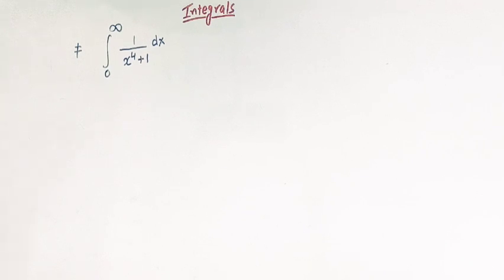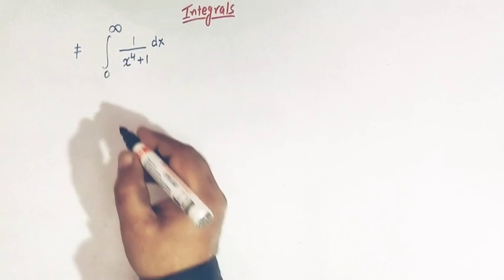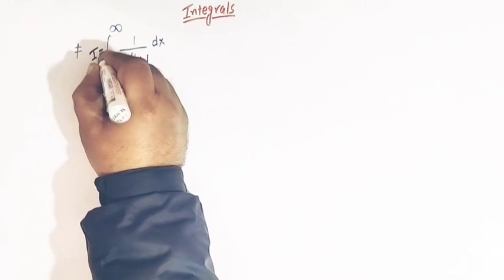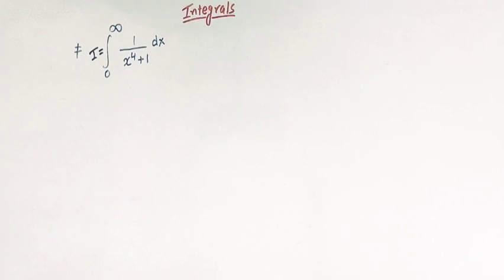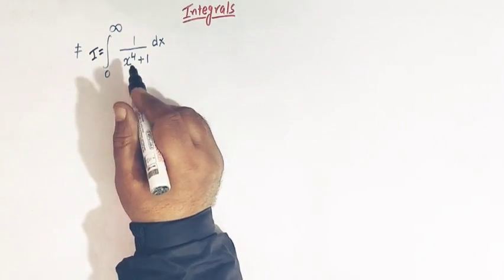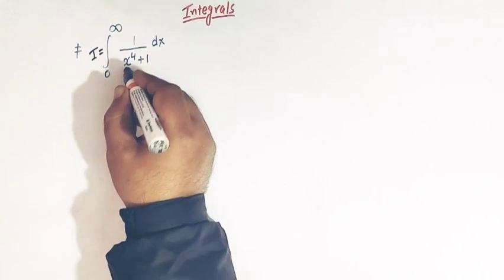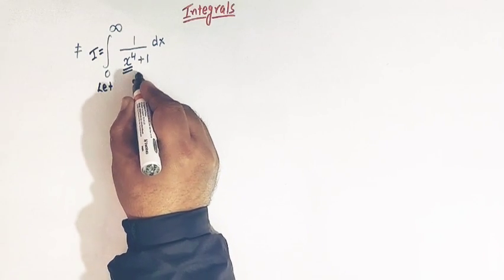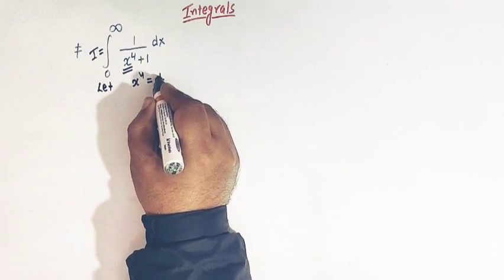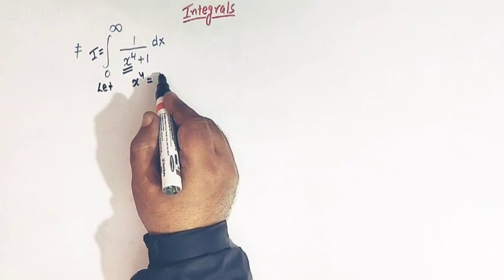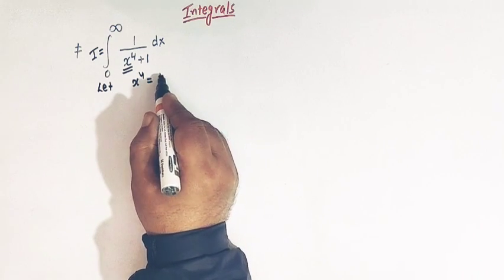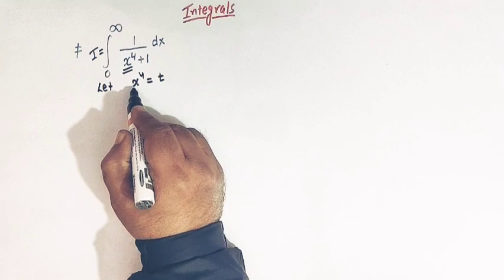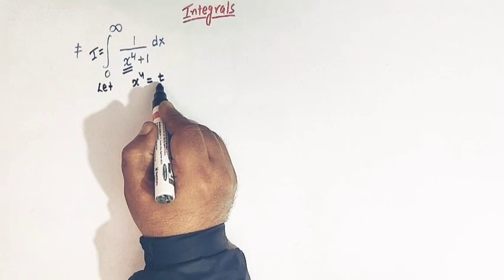So let us start. Let us first take this integral as I. Here we'll take help of the method of substitution, and we'll take x raised to 4 equal to t. So we introduce a variable t such that x raised to 4 is equal to t.